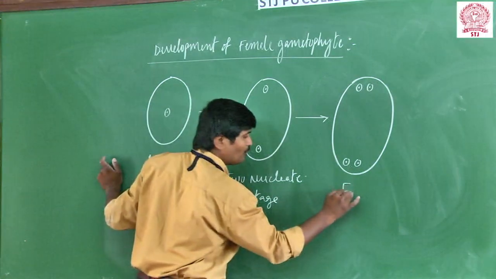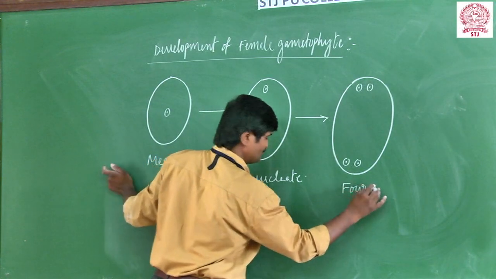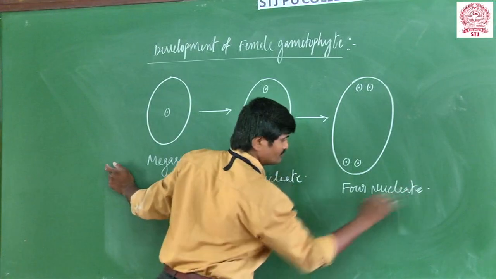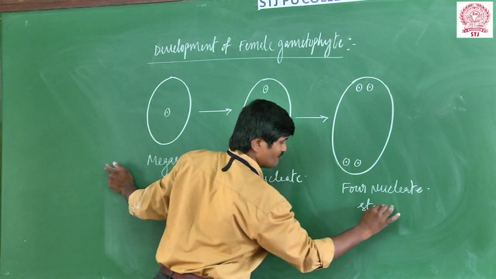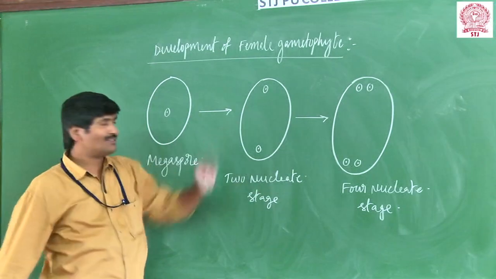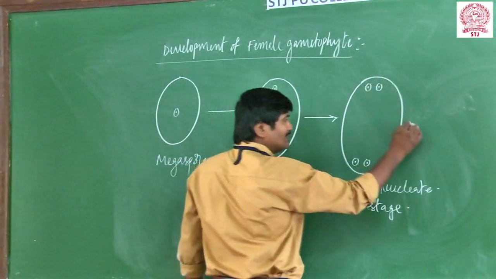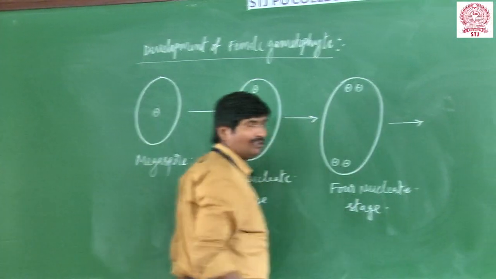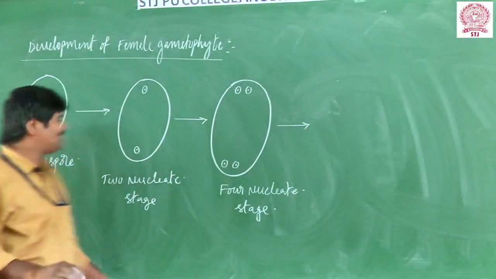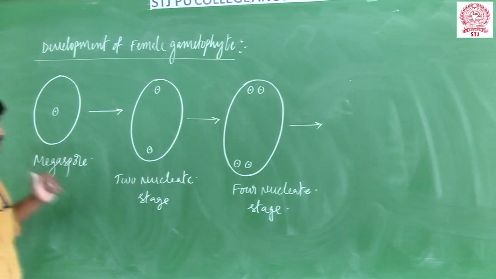It is a 4 nucleated stage. Four nucleated stage of the embryo sac, and further a third mitotic cell division. Three successive mitotic cell divisions take place in the megaspore.